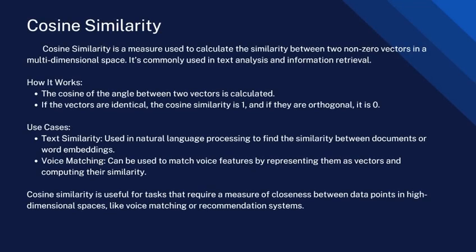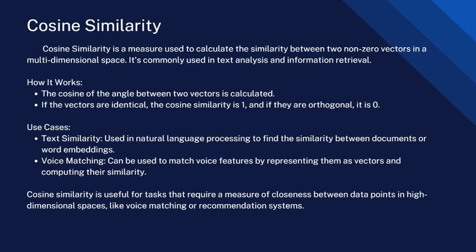Cosine similarity. Cosine similarity is a measure used to calculate the similarity between two non-zero vectors in a multi-dimensional space. It is commonly used in text analysis and information retrieval. How does it work? The cosine of the angle between two vectors is calculated. If the vectors are identical, the cosine similarity is 1, and if they're orthogonal, it is 0. Next, its use cases.